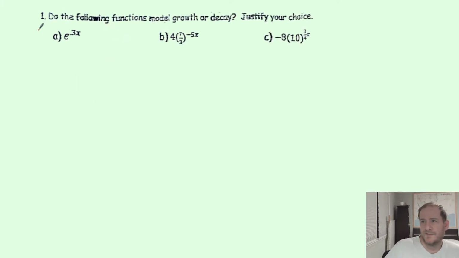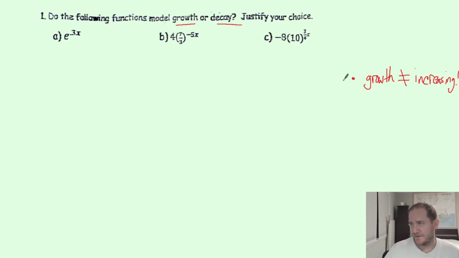All right, this says do the following functions model growth or decay. Biggest thing for me to say here is growth does not equal increasing. Got it? Growth does not mean increasing.